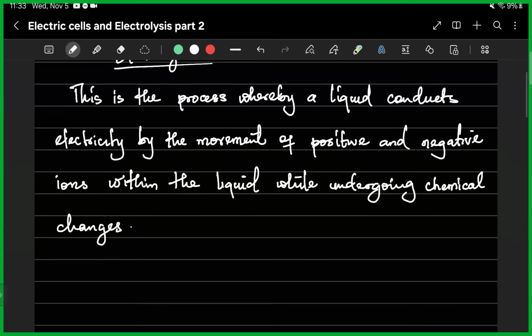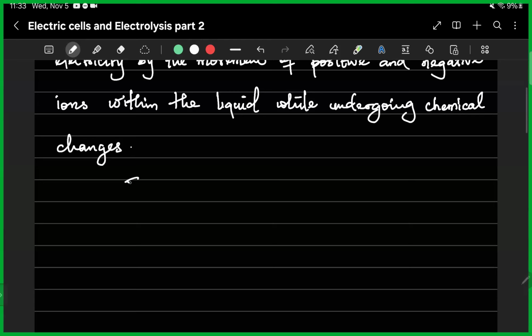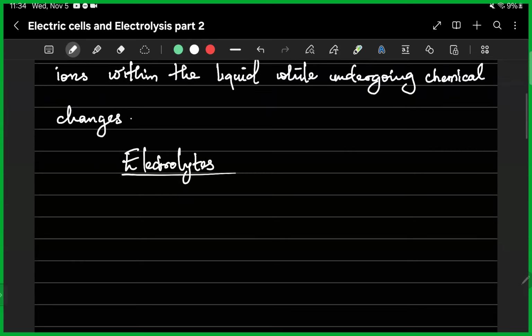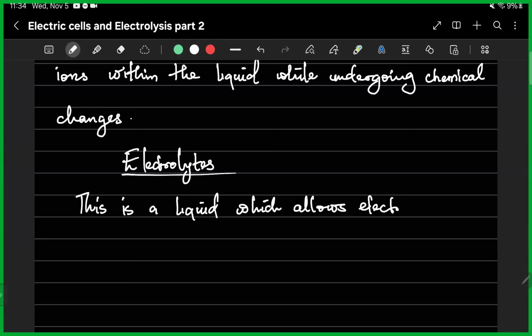So let me scroll up and now talk about what are called electrolytes. An electrolyte is a liquid which allows electricity to pass through it.